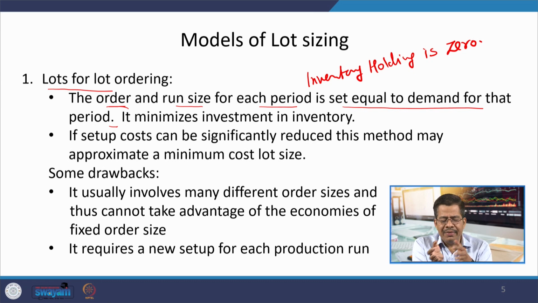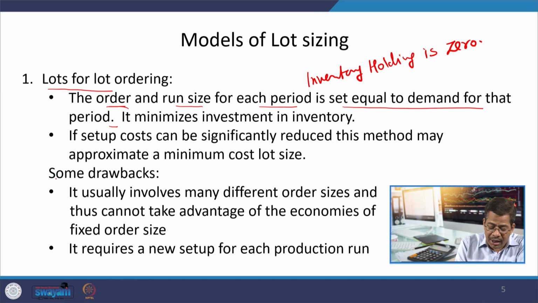We will show it with the help of data also, but qualitatively I would like to say that there may be many items where the holding cost is not so significant. In that case, maybe lot for lot may not be a good idea, but wherever the holding cost is significantly high, you should go for lot for lot ordering, because it reduces your holding cost to practically 0 level.